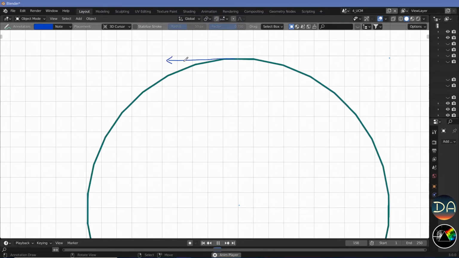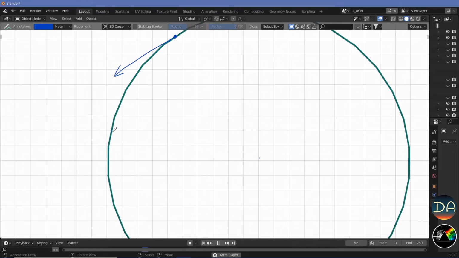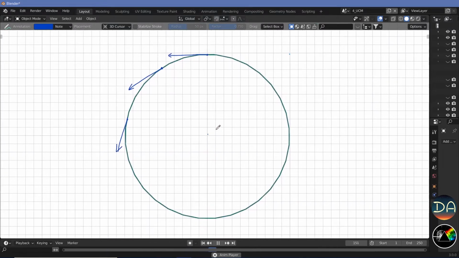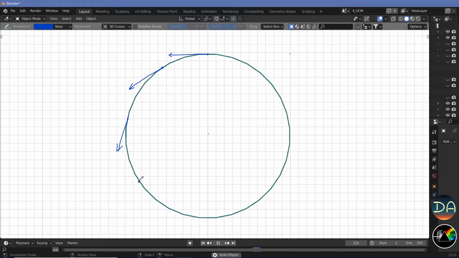And therefore, the direction at this specific point is going to be in this direction. Whereas at this point of rotation, the direction will be like this. And the same can be said for every single point along the circumference. So therefore, we know that the direction of motion in uniform circular motion is always tangential to the circular path of motion.